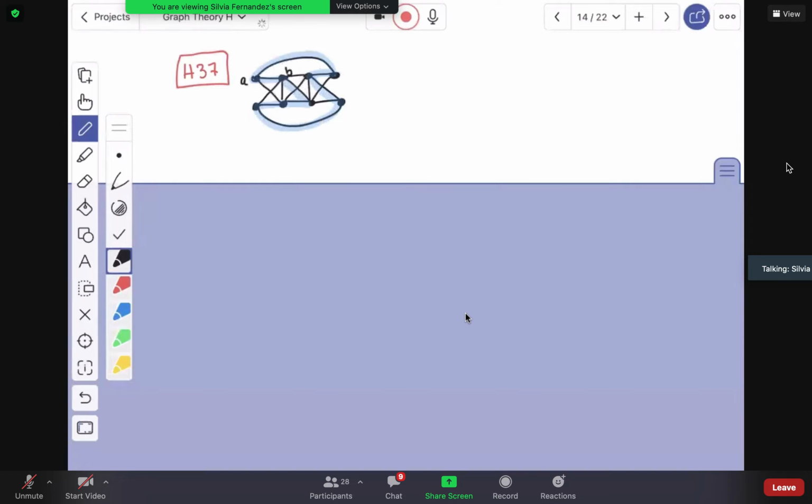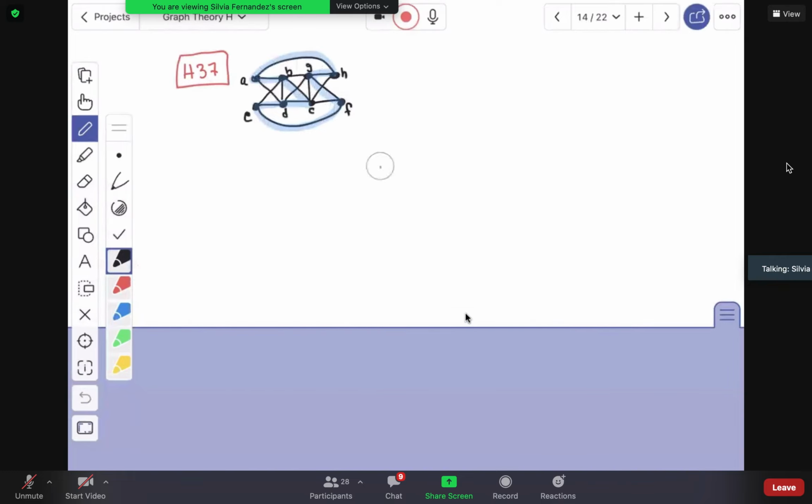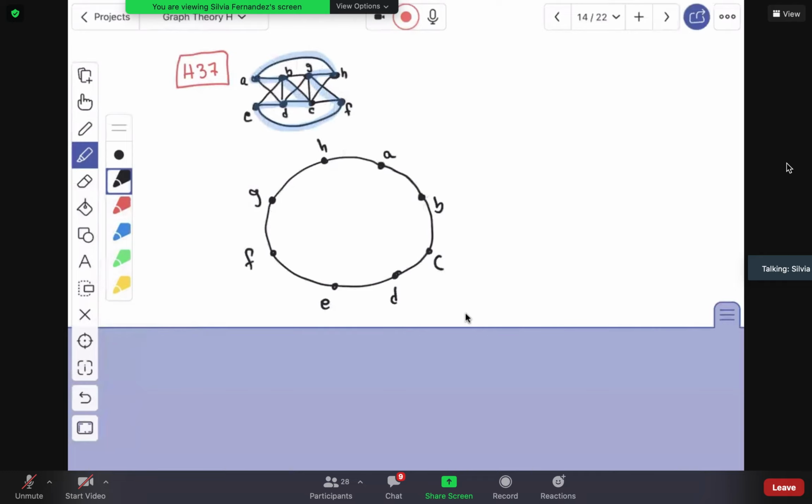I'm going to label them in the order of my cycle because it's easier later. Then you start with that cycle, and if you want, you can just make a circle and place the vertices in order. It doesn't matter if it's clockwise or counterclockwise: A, B, C, D, E, F, G, and H. So this is your Hamiltonian circuit.